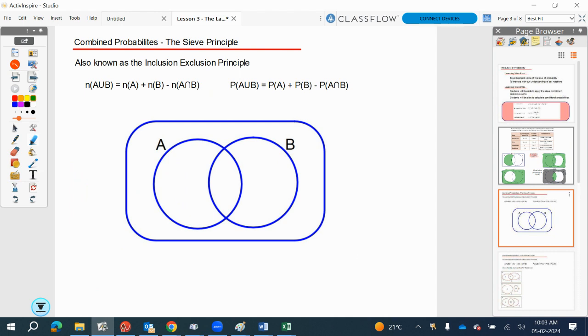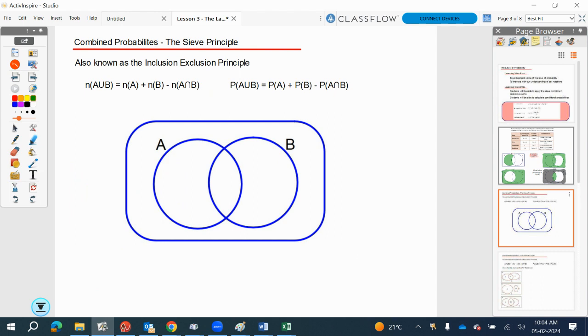Okay, so combined probabilities. We're looking at the inclusion-exclusion principle. It has a few names, this one. So the number of elements in A union B is the number of elements in A plus the number of elements in B minus the number of elements in the intersection. Why is this? Let's look at this.